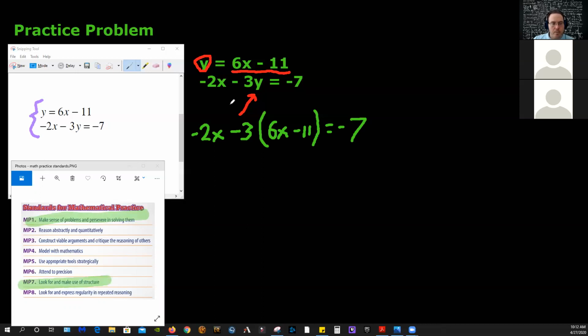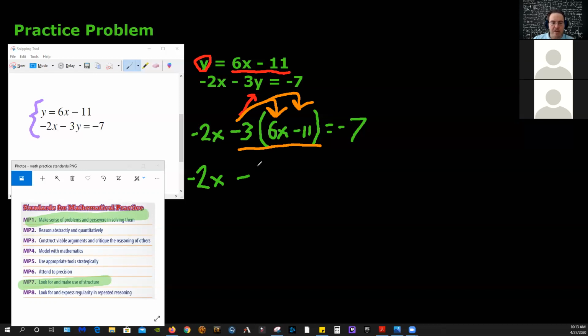The next thing you will do in this particular problem, and pretty much all of these, is the distributive property right here. We've got a negative 3 that needs to be multiplied by both terms. We still have this negative 2x. That has not changed. Now, what is negative 3 times 6x?